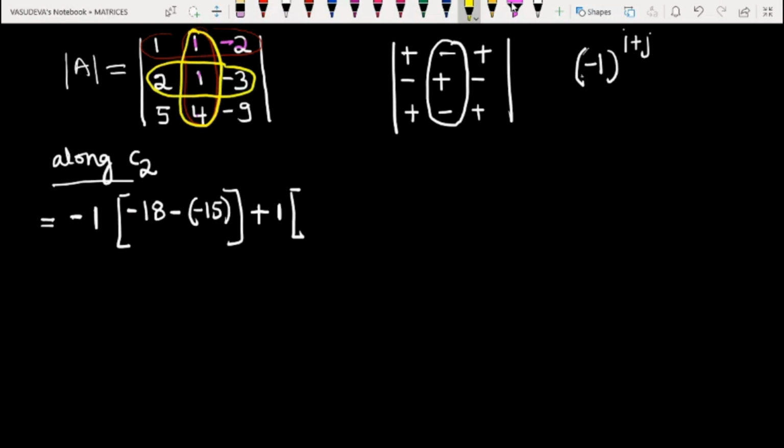So what are the elements here? 1 into minus 9 is minus 9, and minus of 5 into minus 2 is minus 10.